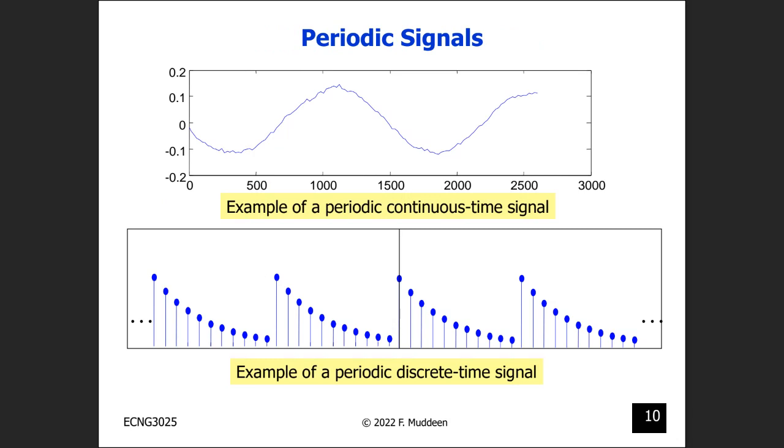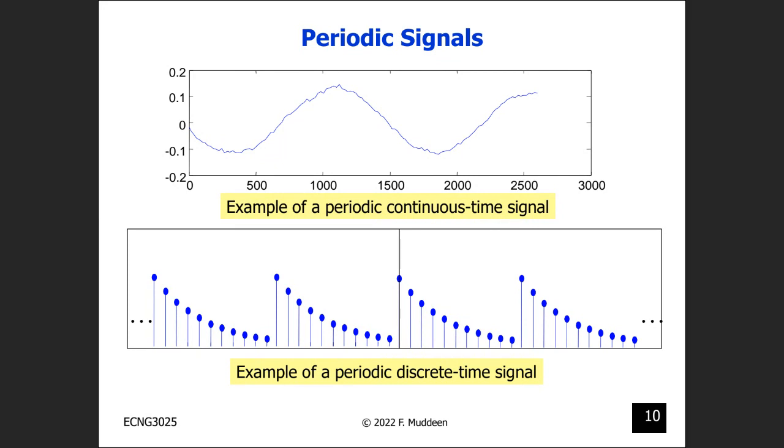Right, periodic signals. This is where one of the first sets of differences come about. In the case of the continuous time domain, a periodic signal repeats itself entirely after some time that we call the period.